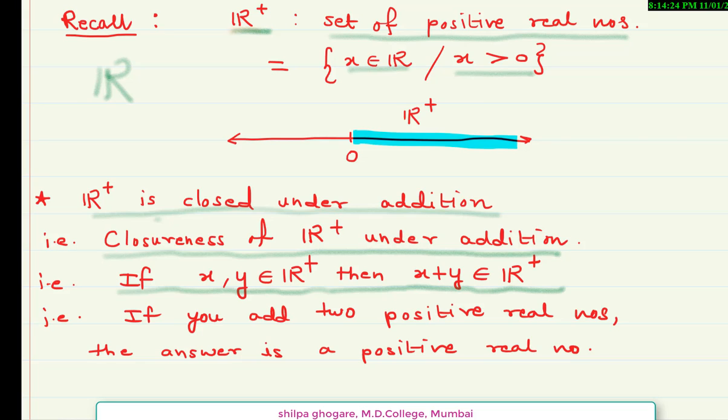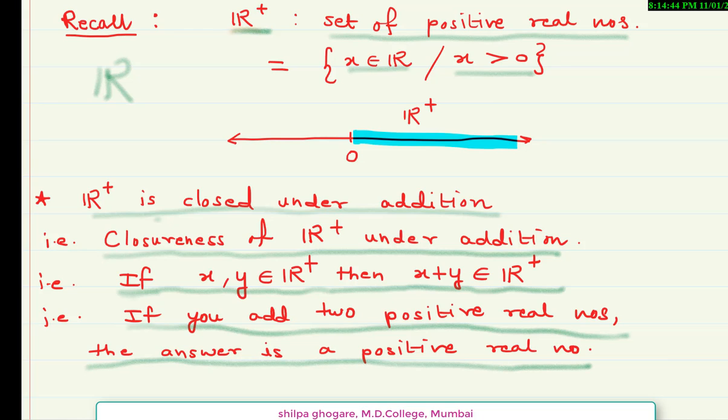You have to read mathematics in between the lines. What I mean is, this same sentence is read like this: if you add two positive real numbers, R plus meaning positive real numbers, then the answer is also a positive real number.